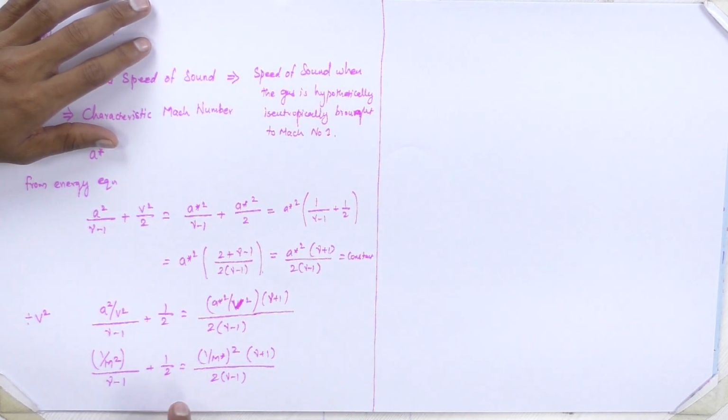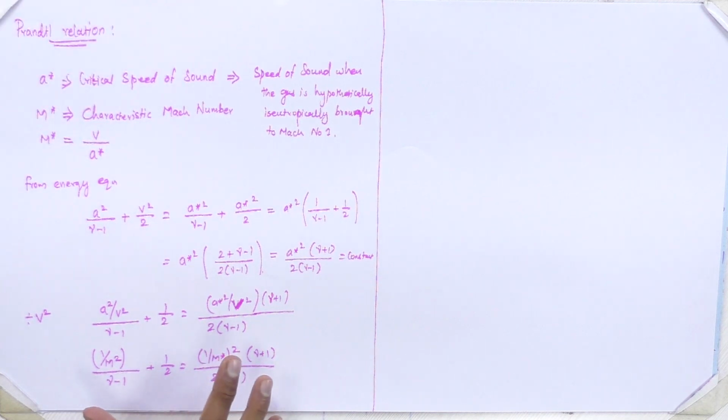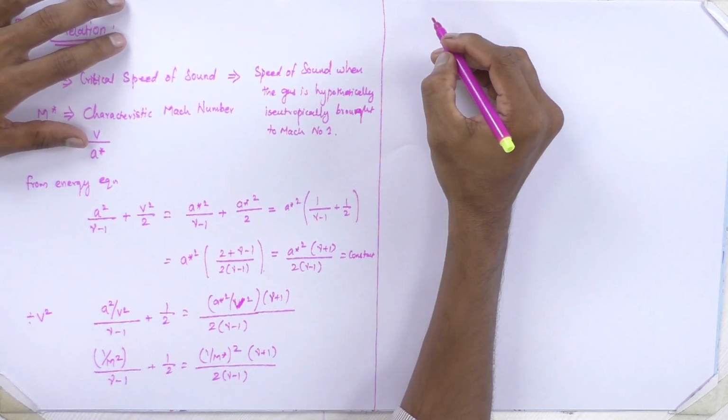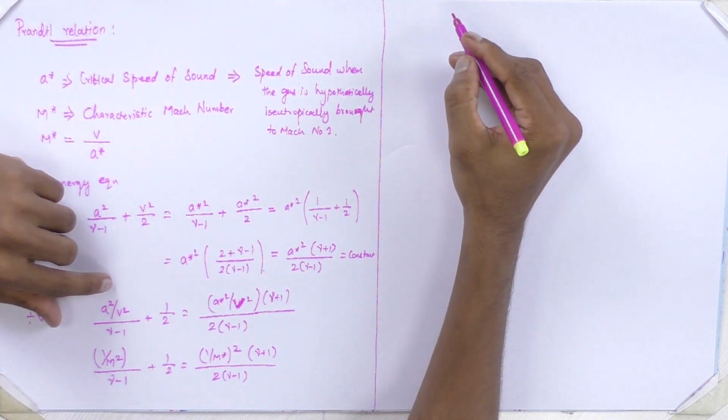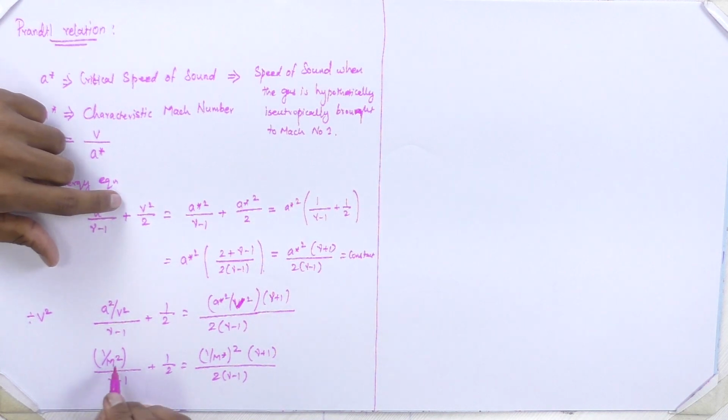Now we can represent this M star as a function of M. So for a particular fluid element, we can calculate the characteristic Mach number if we know the Mach number of that fluid element. So now we simplify this equation and represent M star as a function of M. Let us take LCM here.